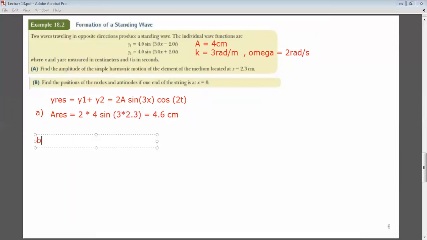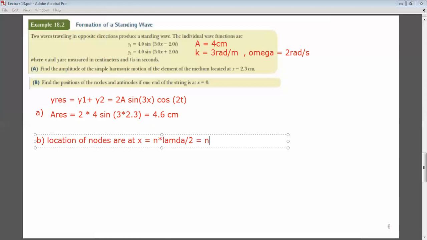Part B. Find the positions of the nodes and antinodes if one end of the string is at x equal to 0. Okay, so one end is at x equal to 0. Now the location of nodes is at kx equal to n pi, or x is equal to n lambda over 2. And how much is lambda?